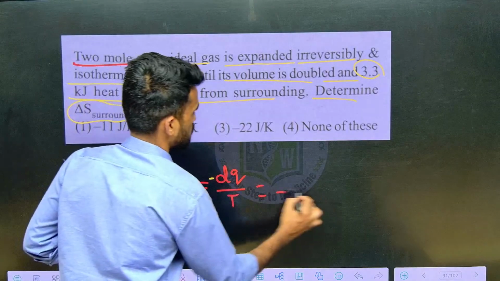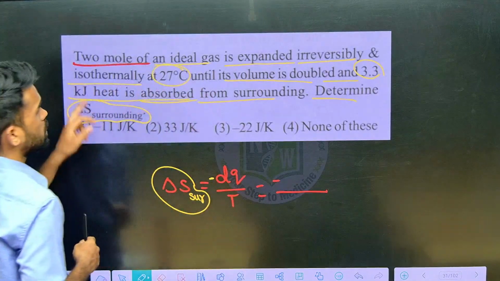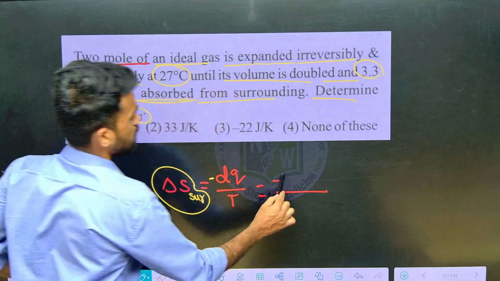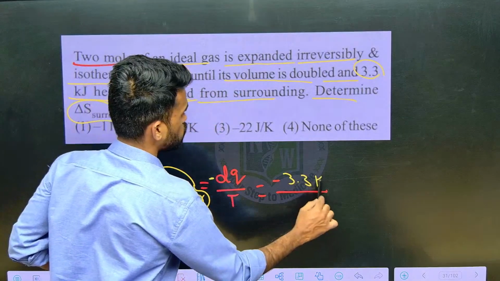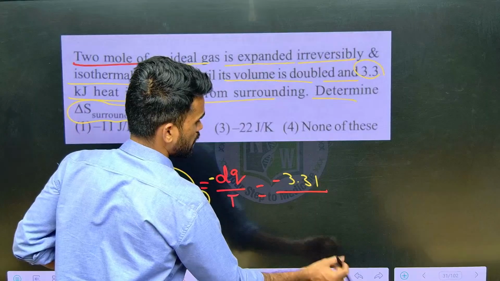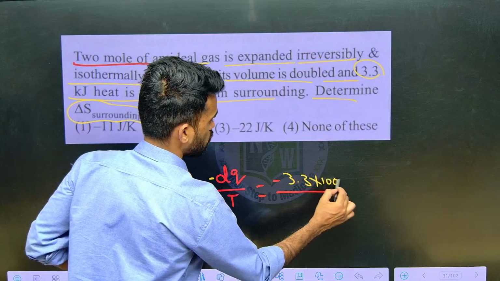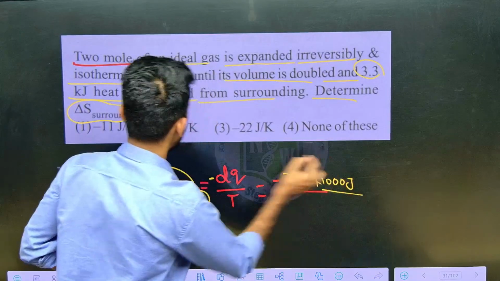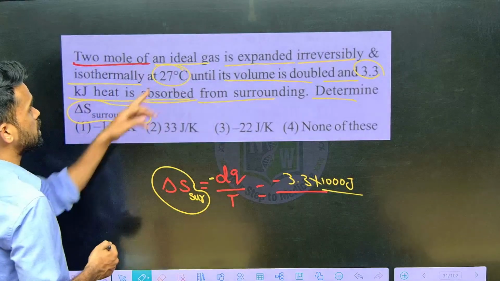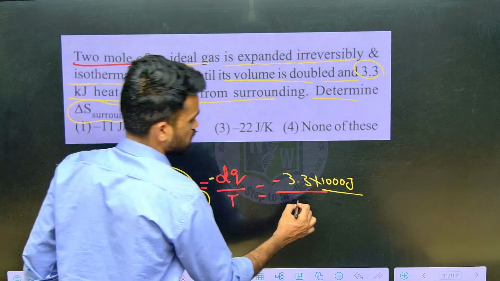Next, minus, how much heat is given? Minus 3.3 kilojoules. I am writing kilo as 1000, in joules, because all answers are in joules here. And temperature is 27 degrees, which means 300 Kelvin.